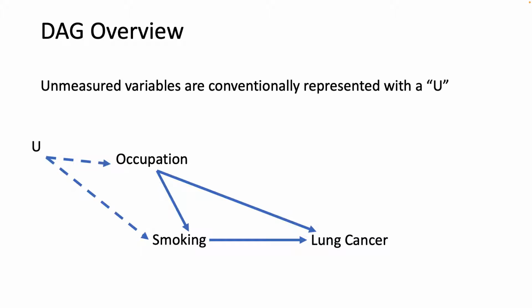There's a lot of times there's stuff that's really important to the relationship that you don't have access to, but nonetheless, it's worth including in the graph so you can make decisions about how you're going to approach that and do things like bias analysis. And that's typically what this U represents whenever you see that in a DAG.